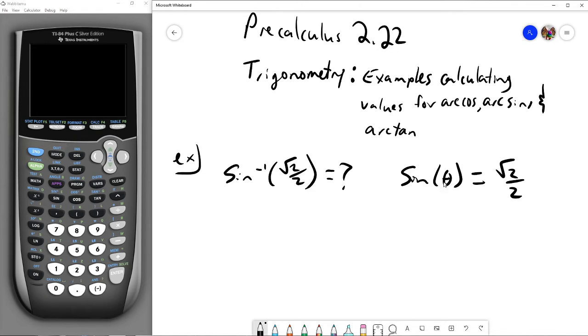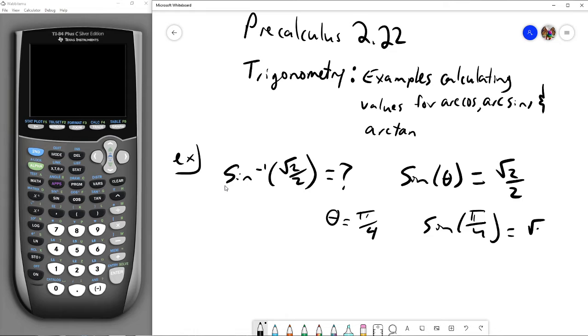So we are interested in what angle do I plug in for sine that gives me square root 2 over 2. Well, we know from the unit circle that theta can equal pi over 4. That is one value. If you plug pi over 4 into sine, you get out root 2 over 2.